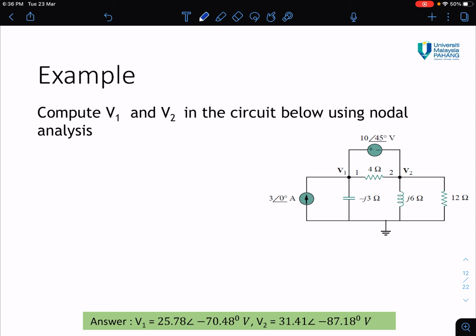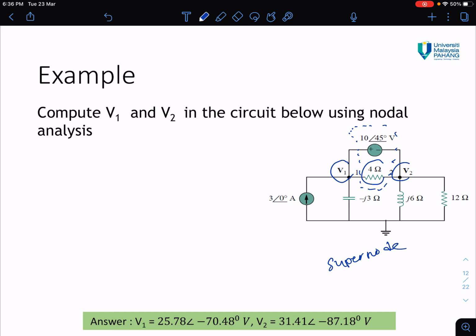So let's look here. We have a voltage source 10∠45 degrees in the middle of node voltages, and then we have the 4 ohm element in parallel with it. Since this voltage source is in the middle of node voltages, I can say the 10∠45 degree source and the 4 ohms are a supernode.